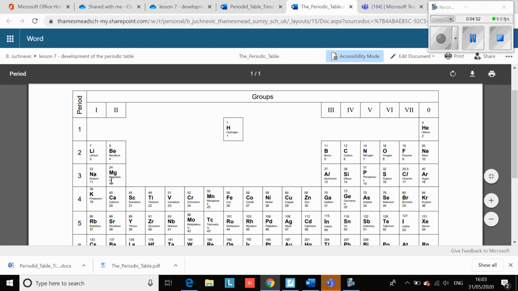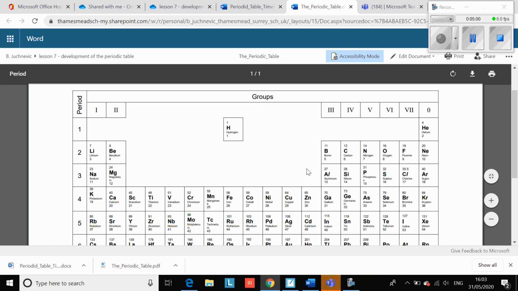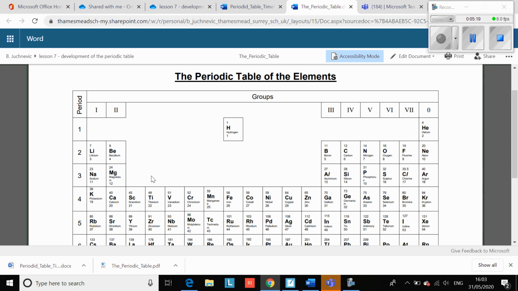So what we've just described is going along like that, the atomic number going up. So the atomic number goes up as you go along the periods. These numbers at the side are period number 1, period 2, period 3, period 4. The atomic number goes up by 1 as you go along the period. And that's how the table got its name, the periodic table.